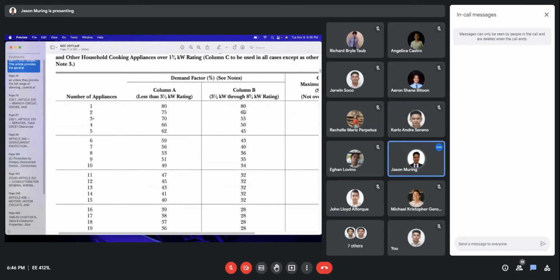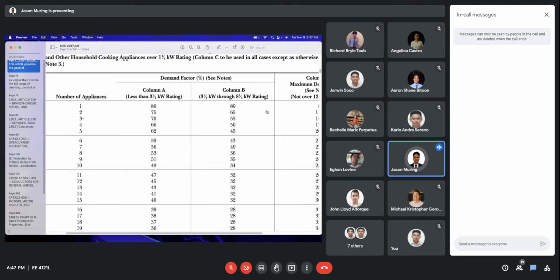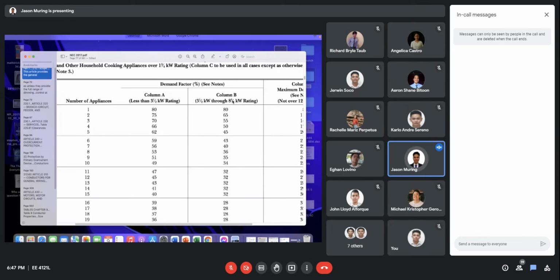Individually we multiply them by 65%. So 10, 4 times 0.65 and 6 times 0.65. In total, that would result to 6.5.